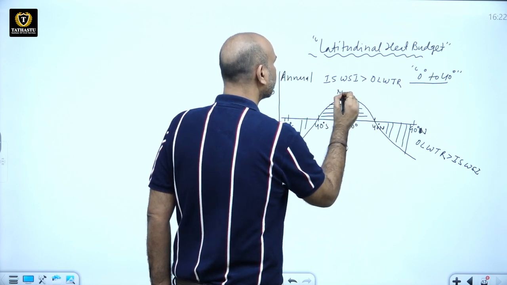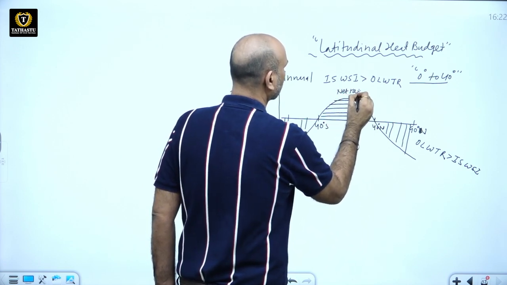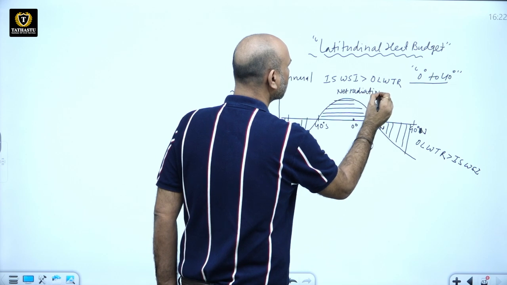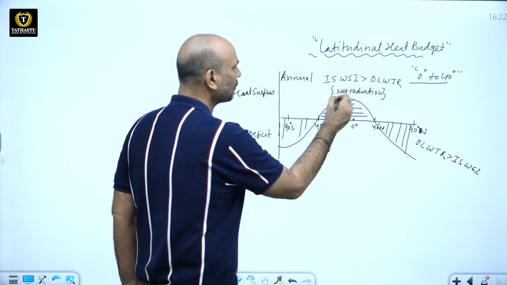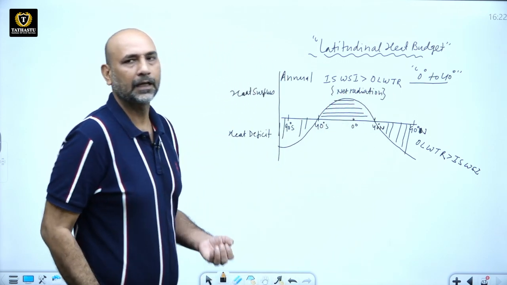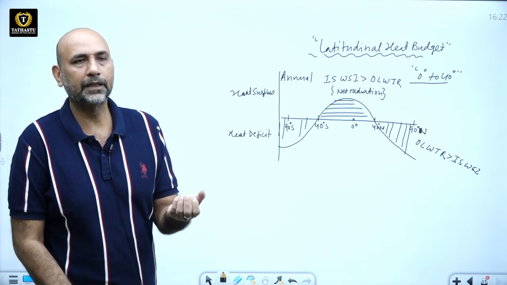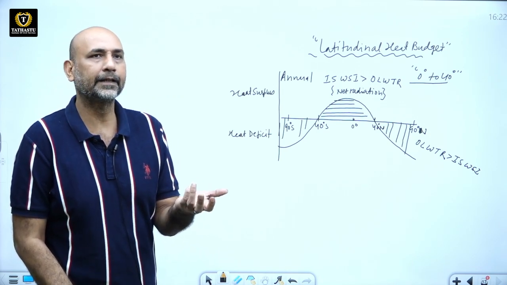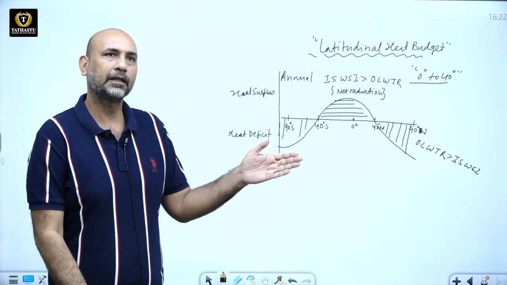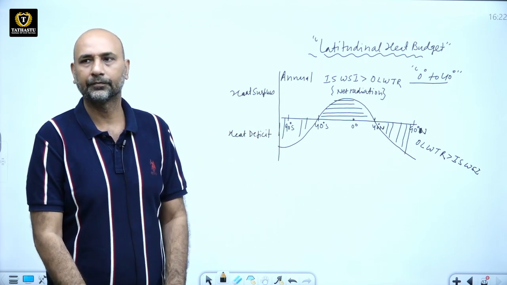This is net radiation. Means from 40 degree north to 40 degree south, this graph is showing net radiation. Net radiation is balance between incoming short wave solar insolation and outgoing long wave terrestrial radiation in a duration of time. Here the time duration is annual.